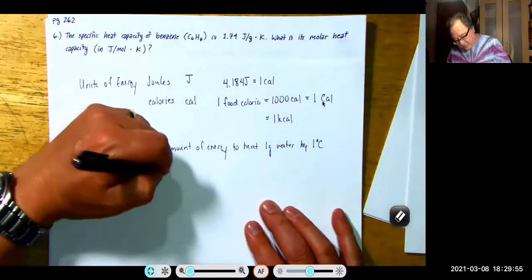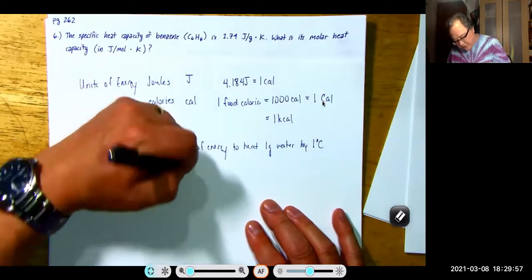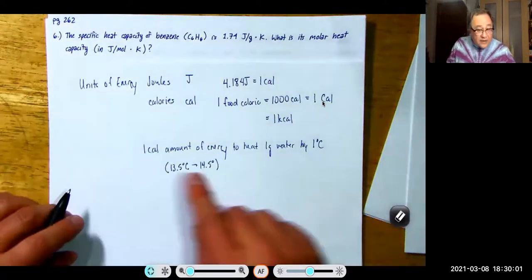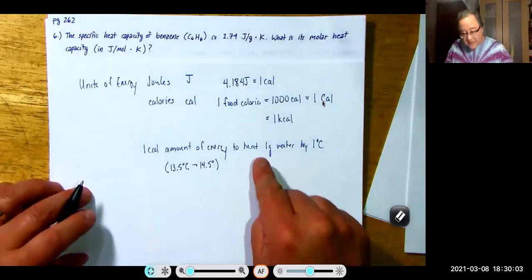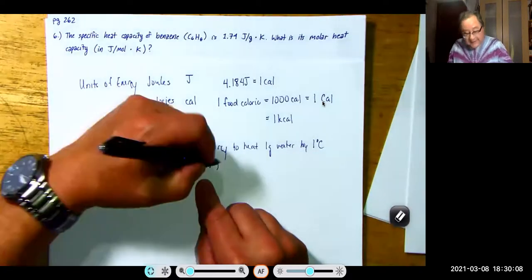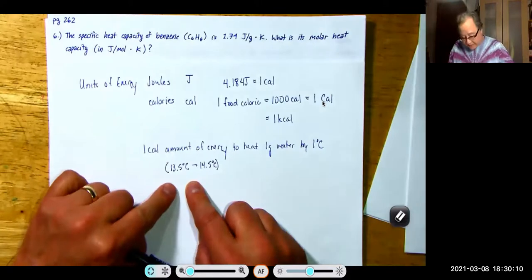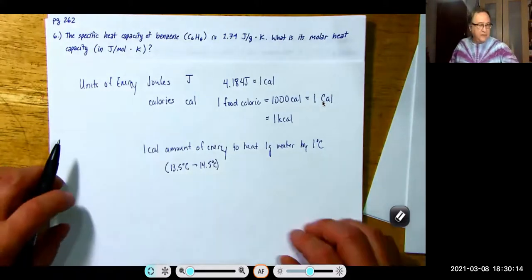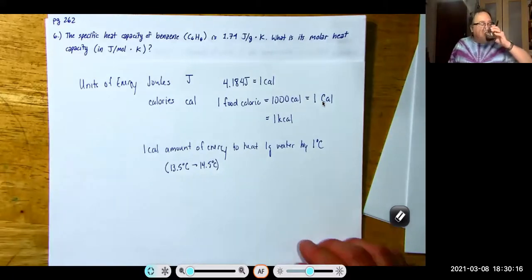Technically, it's from 13.5 degrees Celsius to 14.5 degrees Celsius, but it's exactly 1 calorie, exactly 1 gram, exactly 1 degree Celsius, because these numbers are defined as exactly 13.5 and exactly 14.5. So that's the definition of a calorie.